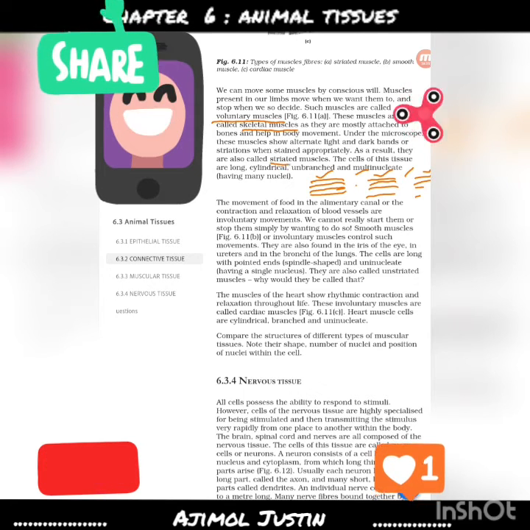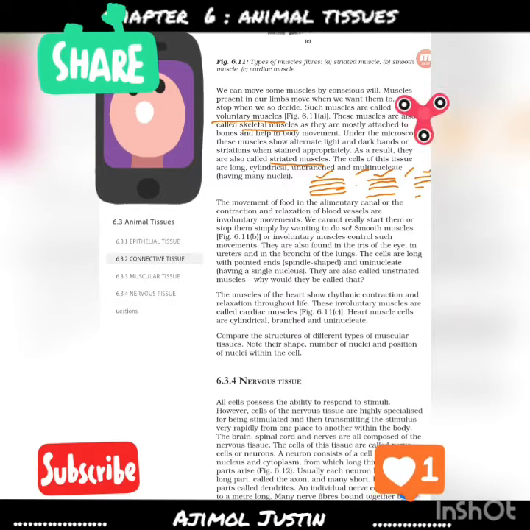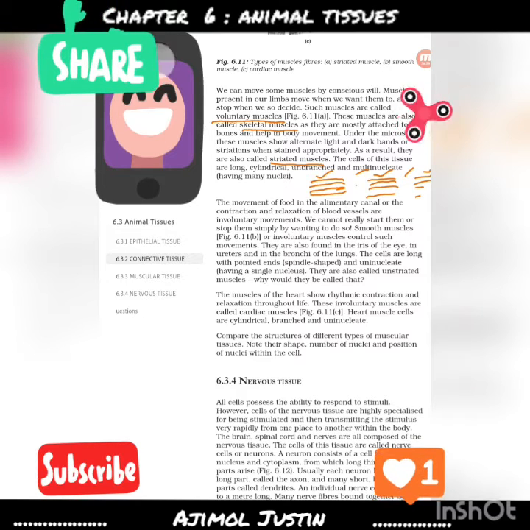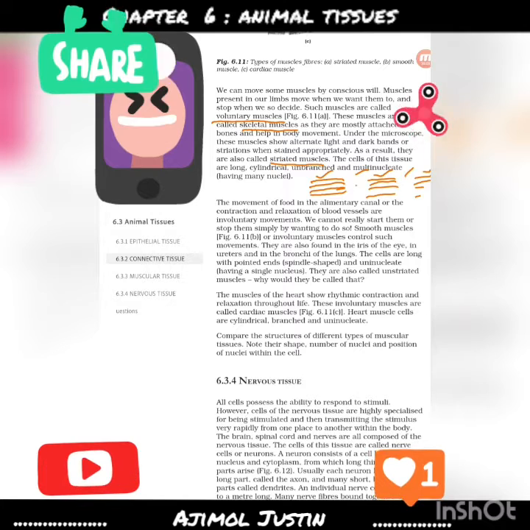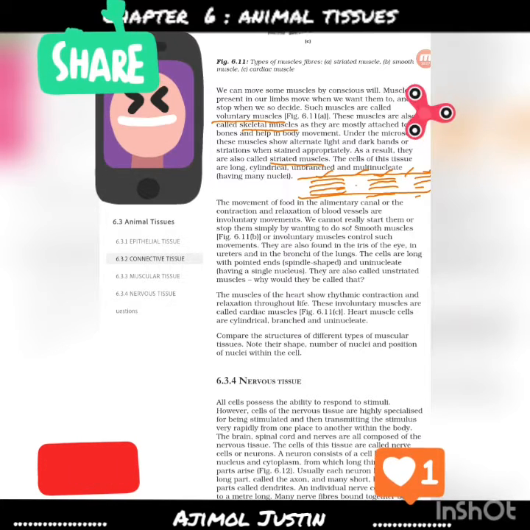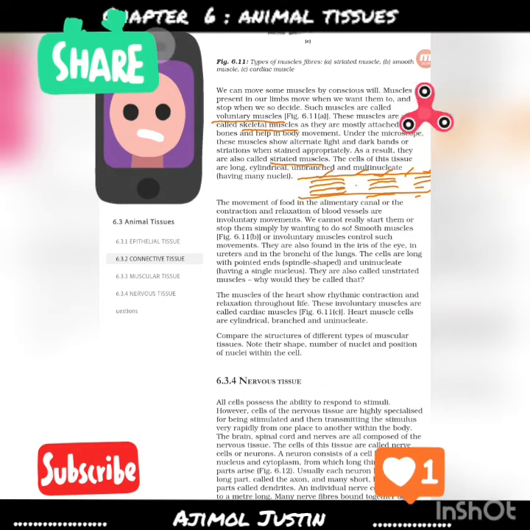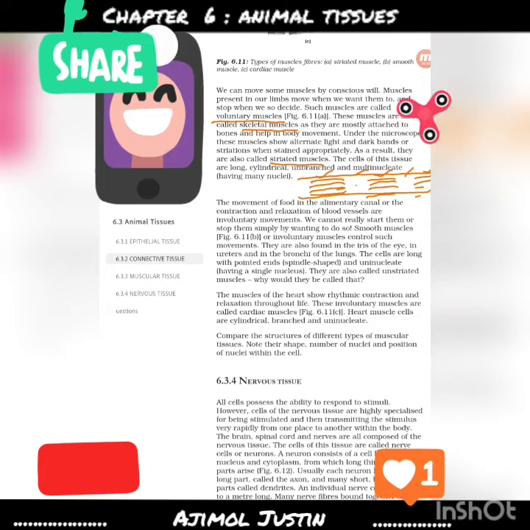So this type of muscle is called striated muscle or skeletal muscle. The cells of these tissues are long, cylindrical and unbranched. No branches are there.